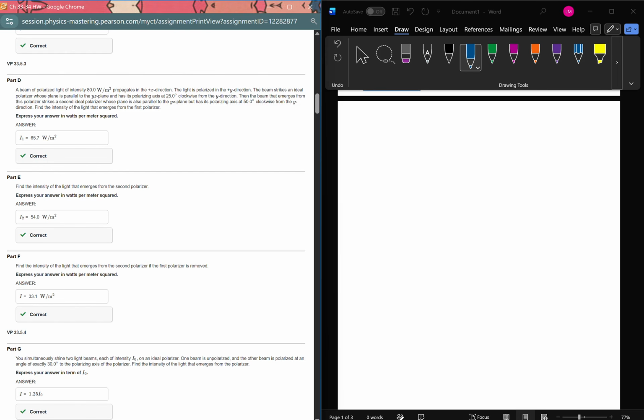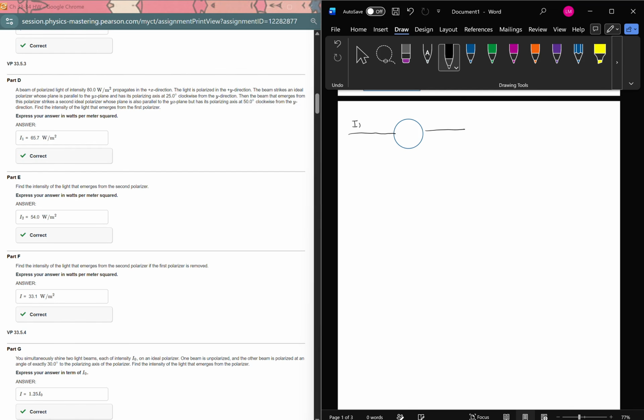Okay, let's go ahead and draw the picture. So I'm going to try my best to draw the diagram. Okay, so we're going to start with the light polarized, and then this is the first polarizer one.